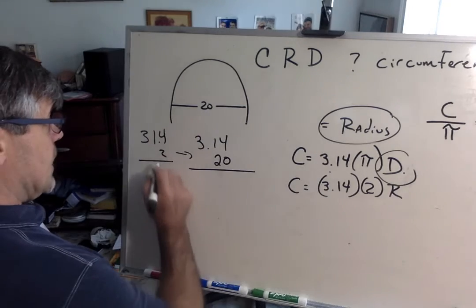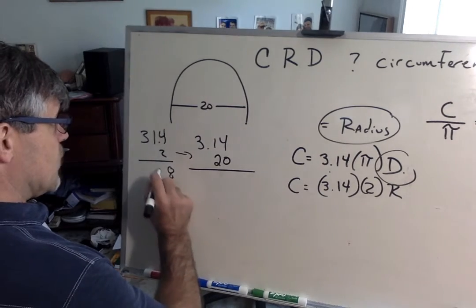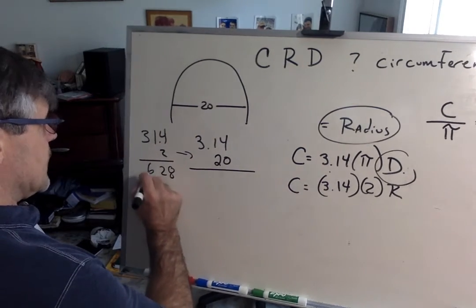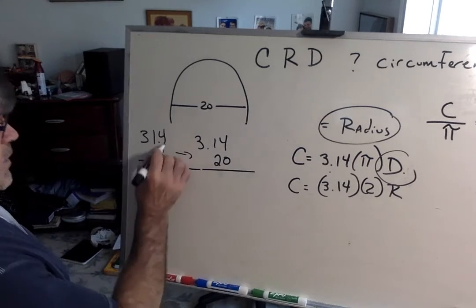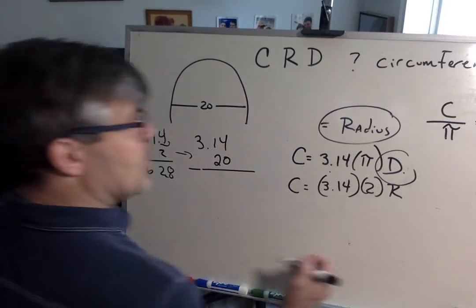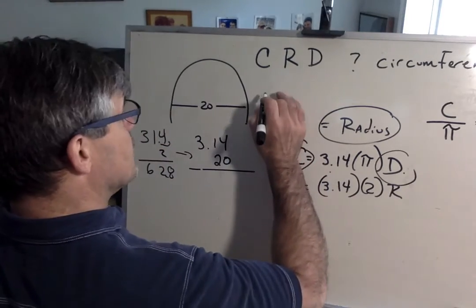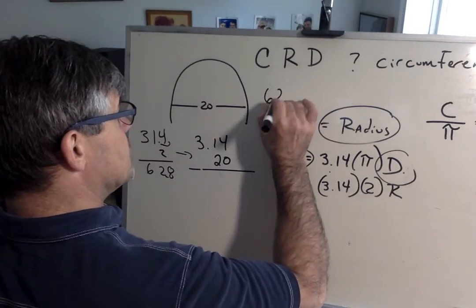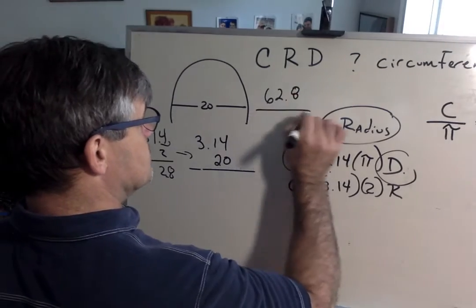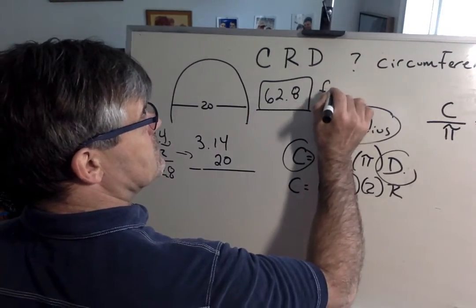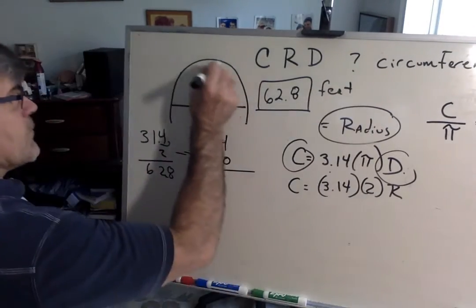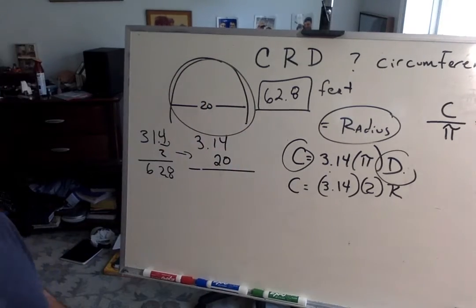So 2 times 4 is 8, 2 times 1 is 2, 2 times 3 is 6, and we have 1 decimal place right there. So my circumference to this tunnel is 62.8 feet all the way around. Okay.